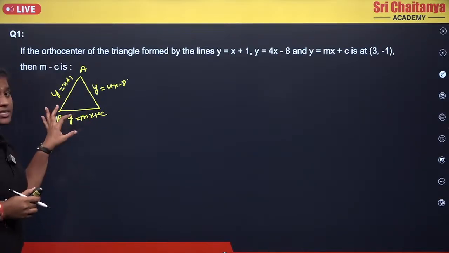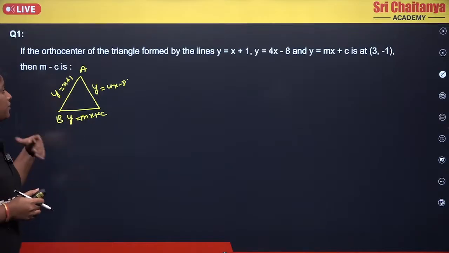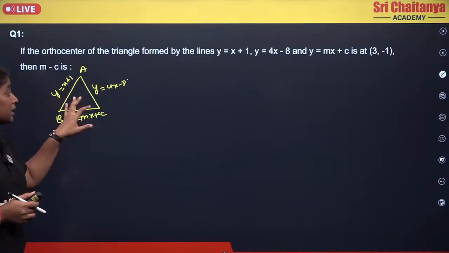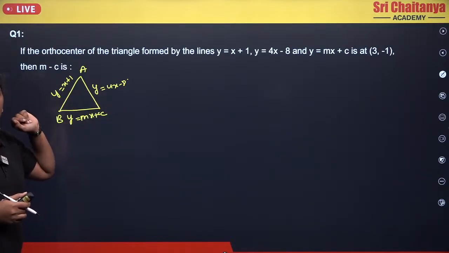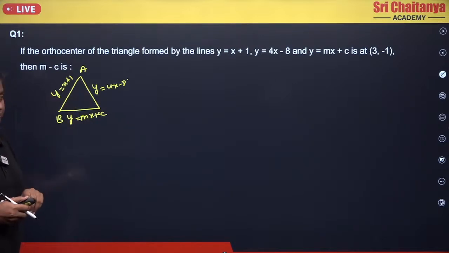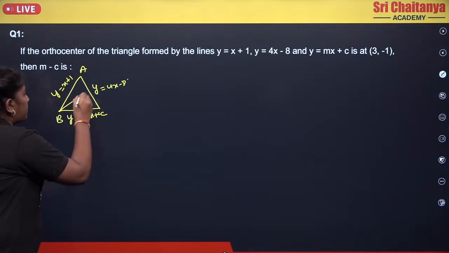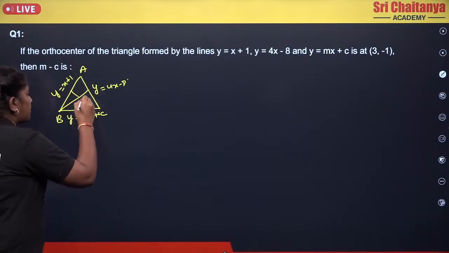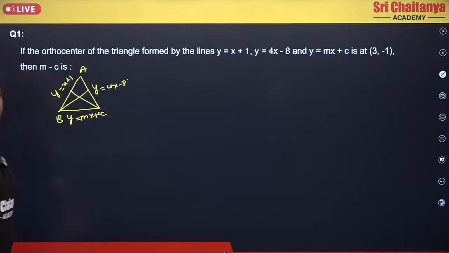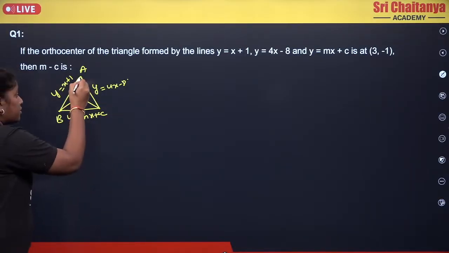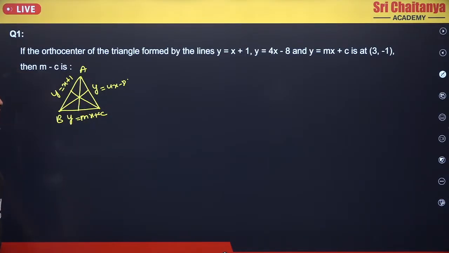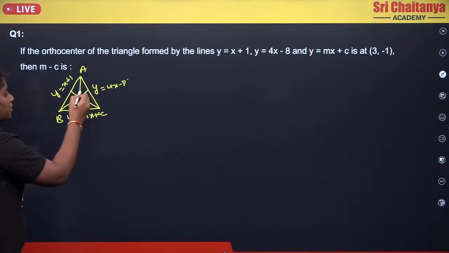For that, first we would find the orthocenter, but they already gave the orthocenter, which is (3, -1). Now if you take the perpendiculars, this is my perpendicular and this is my perpendicular, and this will become your another perpendicular. These intersect at the orthocenter.